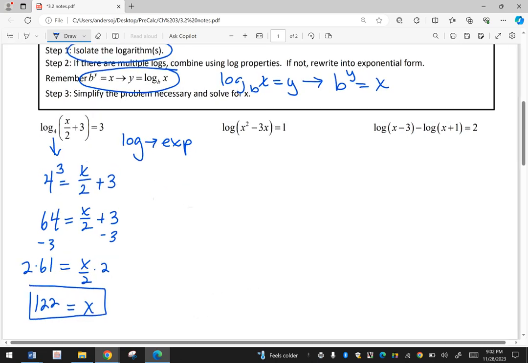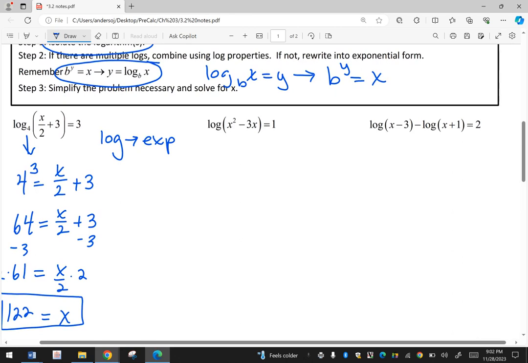All right, let's take a look at this next equation. Again, isolate first. This is isolated all by itself. So now I'm going to take a log and turn it into an exponential function. Now remember, this log doesn't have one shown, so I'm going to write it with a base of 10.